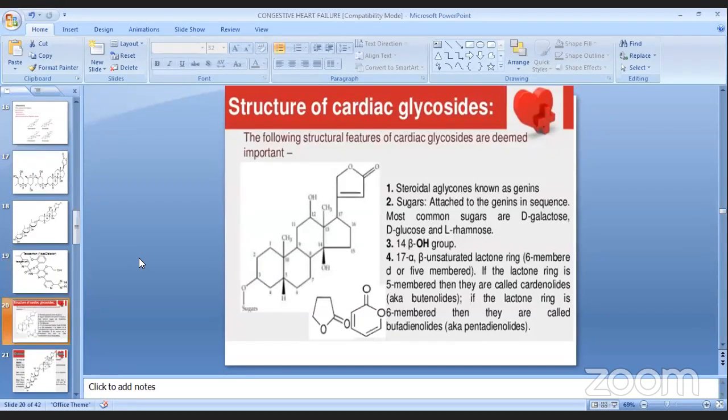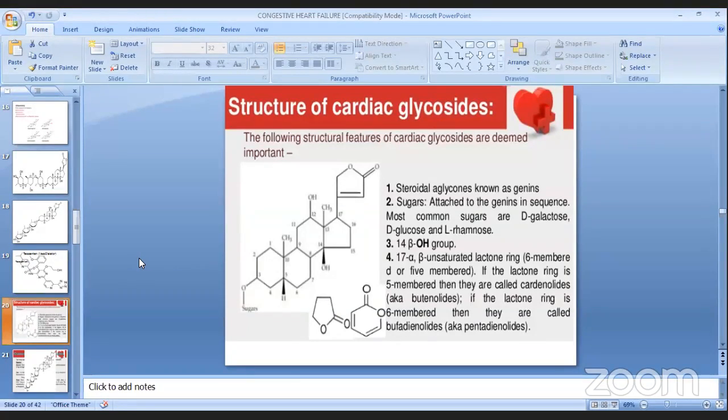So a steroidal molecule is there, that is the cyclopentanophenanthrene part, and in the 17 alpha beta position one lactone ring is there, which may be six-membered or five-membered. If it is six-membered, it is called bufadienolides, that is pentadienolides.